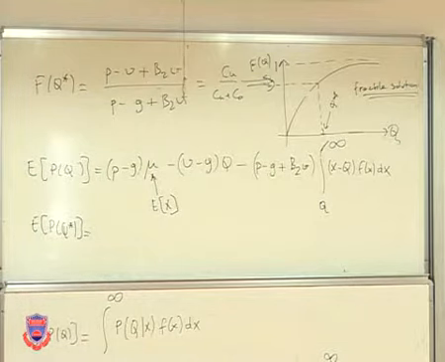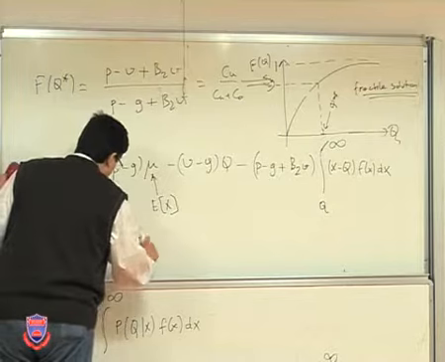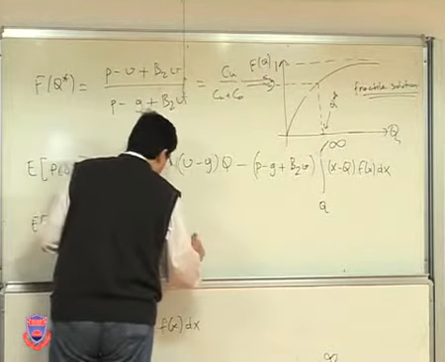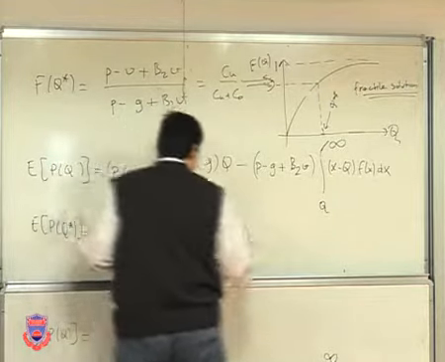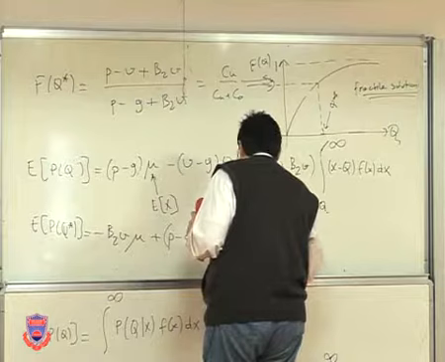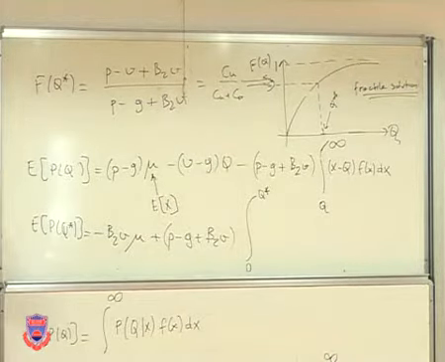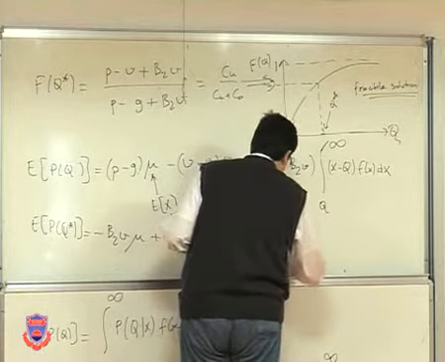At optimality, this is going to be minus B2V mu plus P minus G plus B to V, the integral from 0 to Q star, x f of x dx.